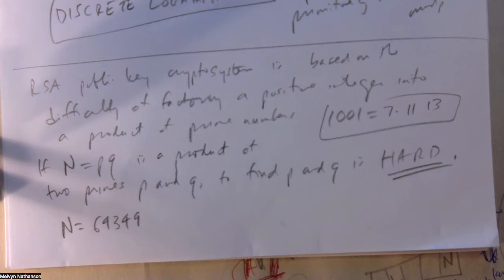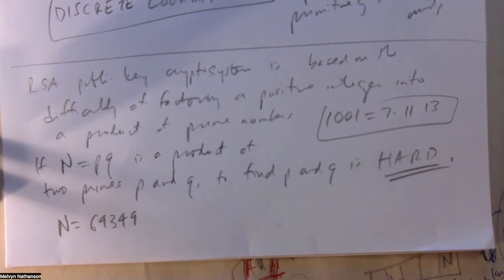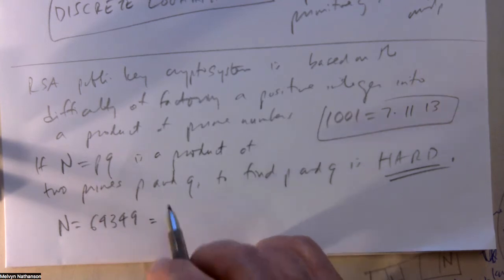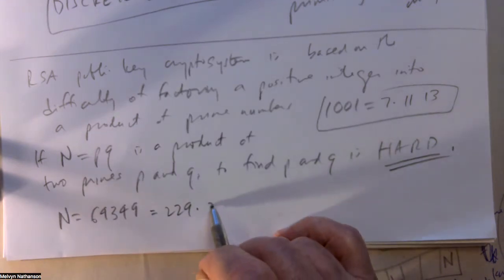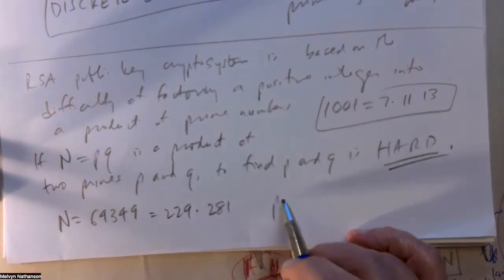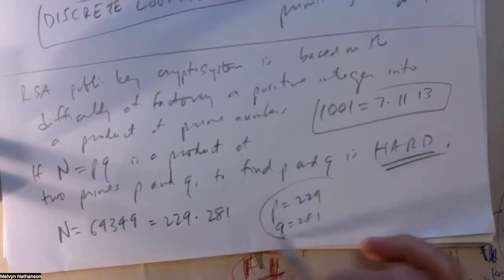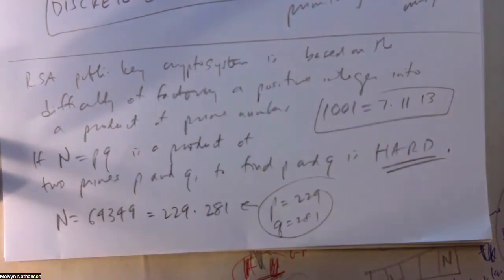But what are the primes? In principle, because this is a fairly small number, it's only 5 digits, you could work it out in an hour or 2 by hand. On my old computer using Maple, I can factor it instantly. It factors into 229 times 281. So if you let P equal 229 and Q equal 281, and you multiply them, you get this number N.